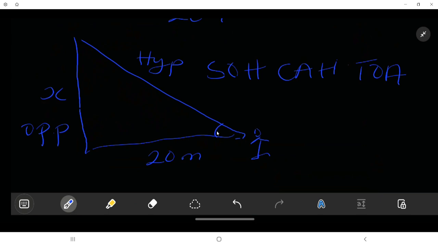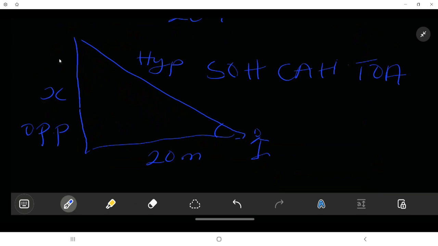If your angle was here, here becomes the opposite. But here always becomes the hypotenuse. It never changes, because the hypotenuse is the longest side of a right angle triangle. Adjacent doesn't have a permanent position. It varies based on where the angle faces.